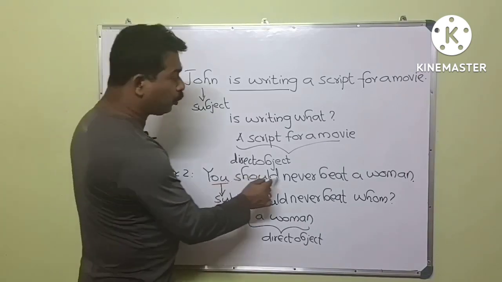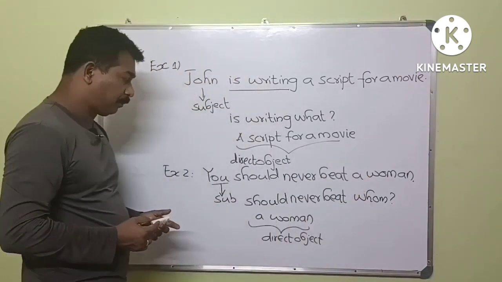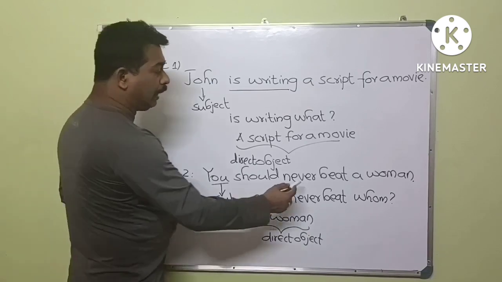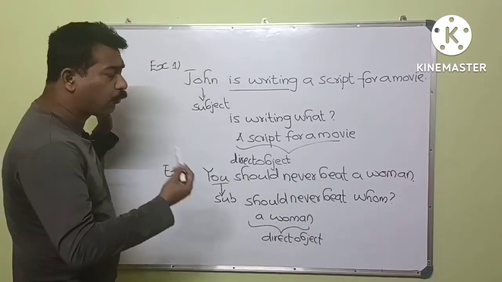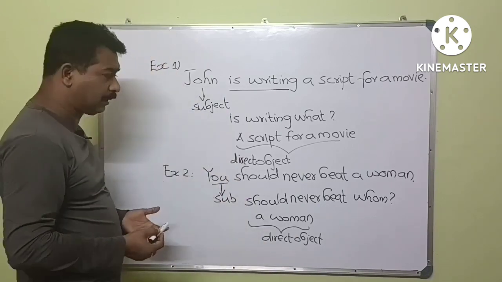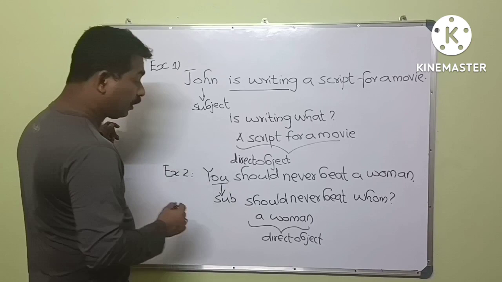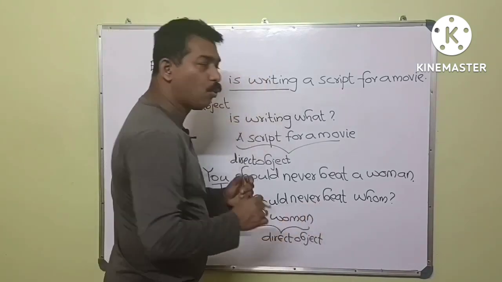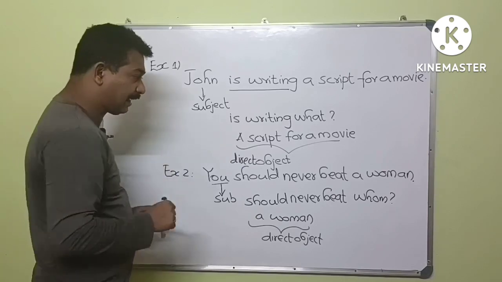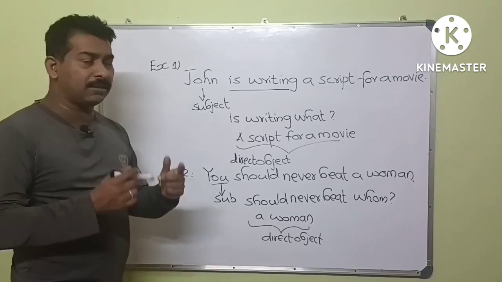Example number 2. You should never beat a woman. Here you is the subject and beat is the verb. In order to find out the direct object of the sentence, we have to ask the questions. What's the first question? What? Should never beat what? There is no answer. So we have to ask the second question. What's the second question?